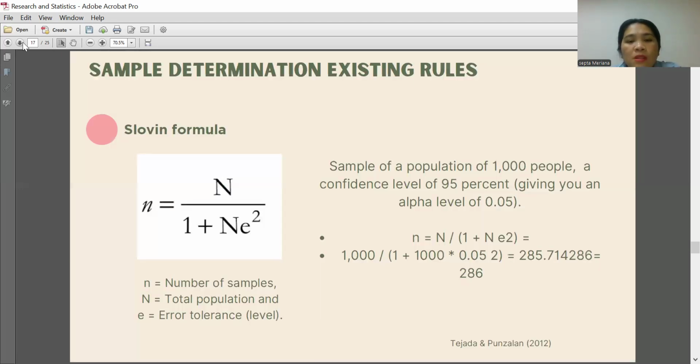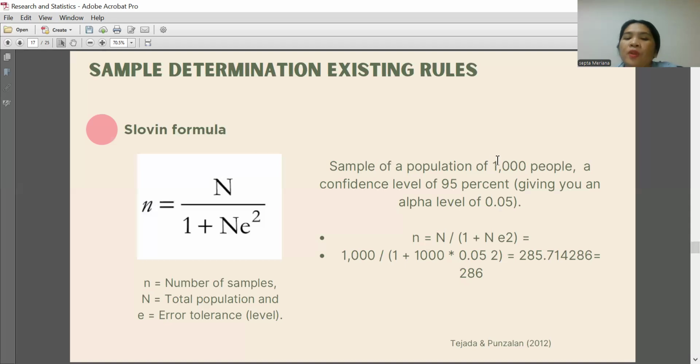For the famous existing rules in nursing, especially in Indonesia, we use the Slovin formula. So this is the equation: small n means sample size, population per 1 plus total population with error tolerance.